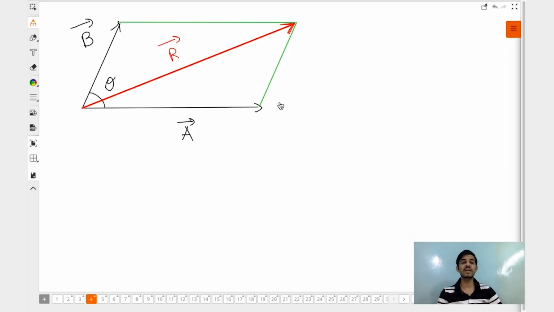Parallel shift कर दे अगर, these two sides are parallel and of same length, that means if this is B vector, its magnitude will also be B vector. Getting everyone? दूसरी important thing, what I am doing is I am elongating this a bit and I am dropping a perpendicular.